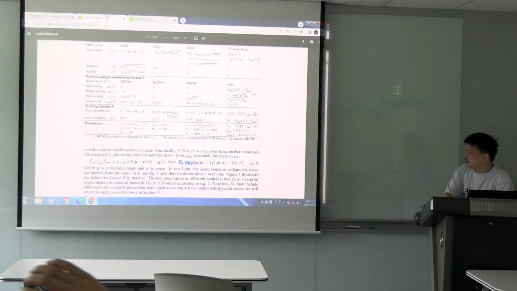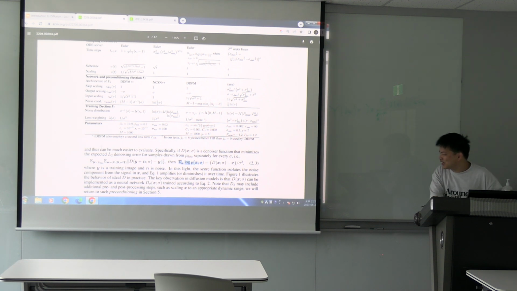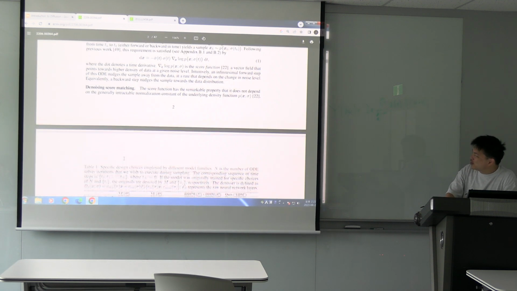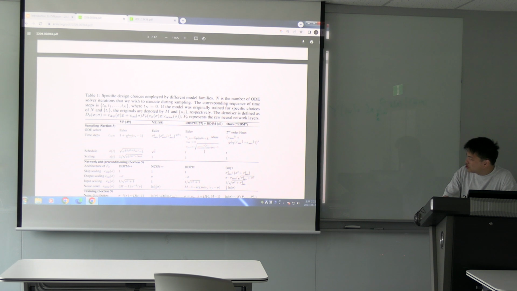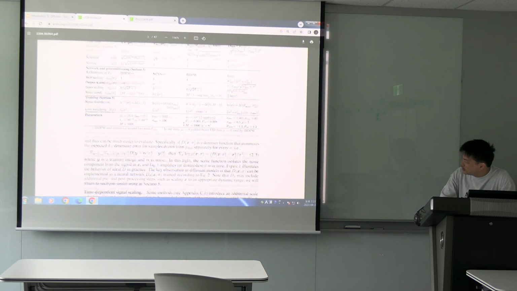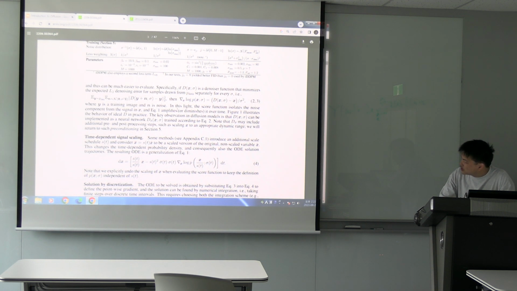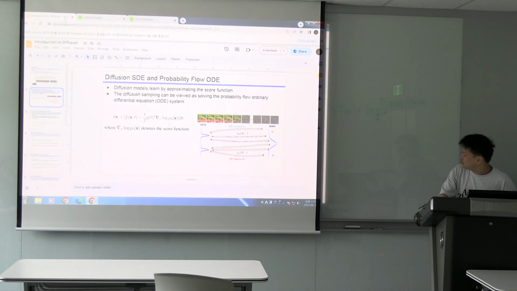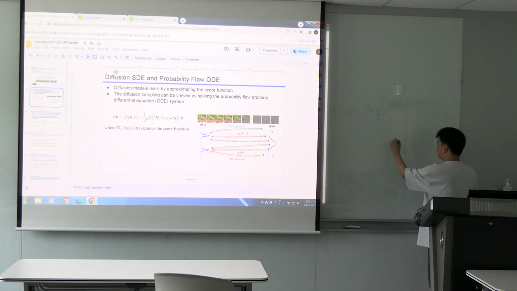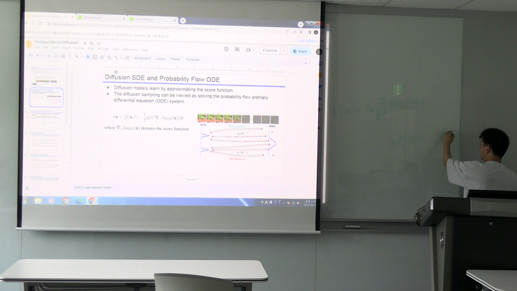That has to do with a lot of things, but the short story is that we know that p of x given theta, sigma follows a normal distribution centered at x0, with variance sigma t squared, I think.